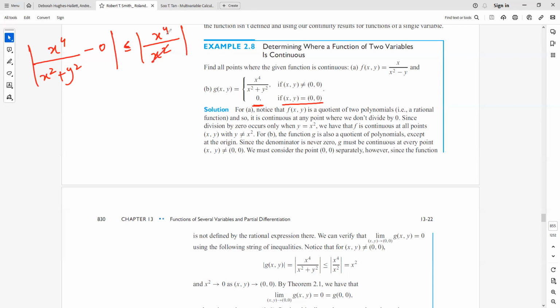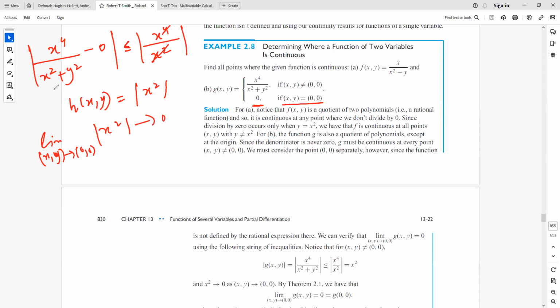Now this x squared cancels with some power of the numerator, so we get x squared. That is the function. Let's say this is h of x comma y equals x squared. Now if we apply the limit, x, y going to 0, 0, we get 0. So this x squared is going to 0.